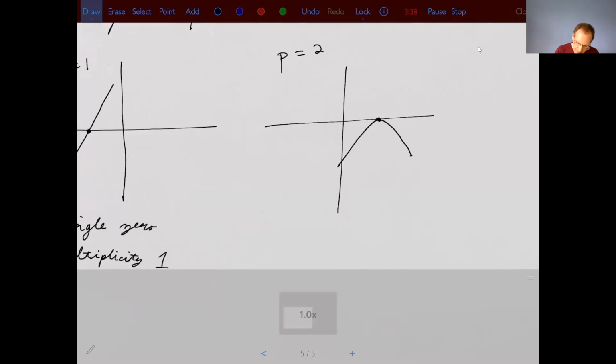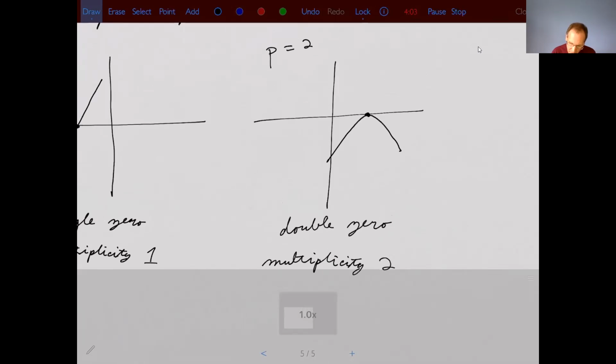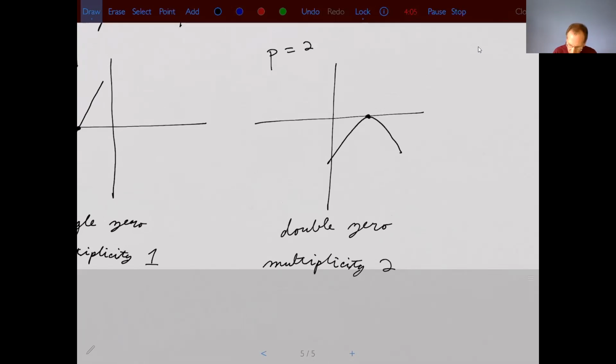I just happened to draw it opening downward, but it could also open upward, right? So in this case, we have a double 0, and the multiplicity is 2, and if you zoom in near the root, it looks like a parabola, a quadratic function.